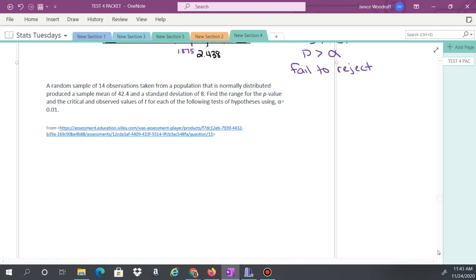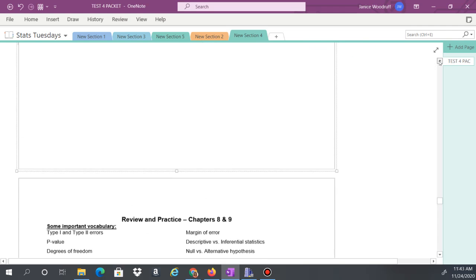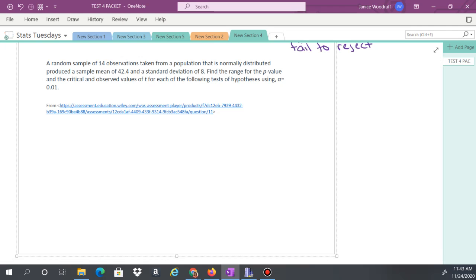Okay, so we get this information. We have a t-test. We have a sample size of 14, a sample mean, so an x-bar of 42.4, a sample standard deviation of 8, and a significance level of 0.01.